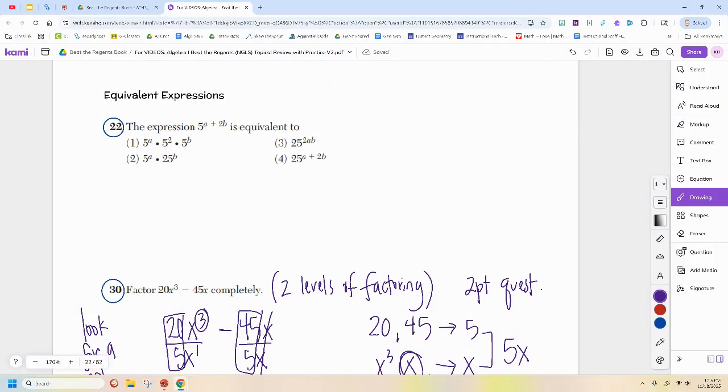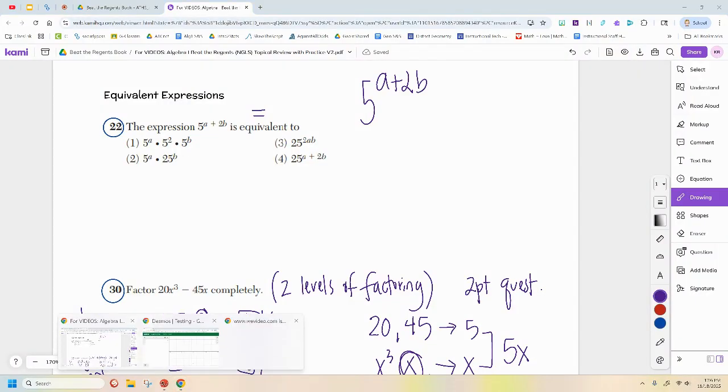It says the expression 5 raised to the power of a plus 2b is equivalent to. Equivalent is equal to. So with 5 to the a plus 2b, where all of this is the exponent, Desmos is going to get mad. Let me show you what Desmos does.